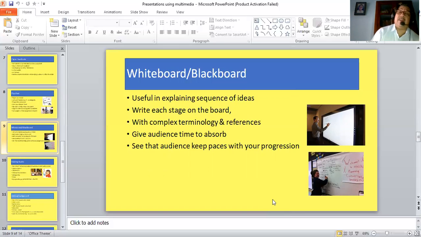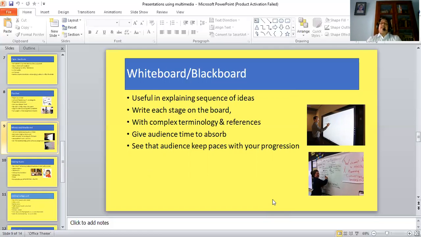And then you can rub certain things out and add some more details as you go along. They are useful in plotting down certain sequences of ideas and explaining them. You can write down each sequence on the board. You can even, because these whiteboards are pretty large, divide the area of the board into separate segments and write down separate points in different segments of these areas.